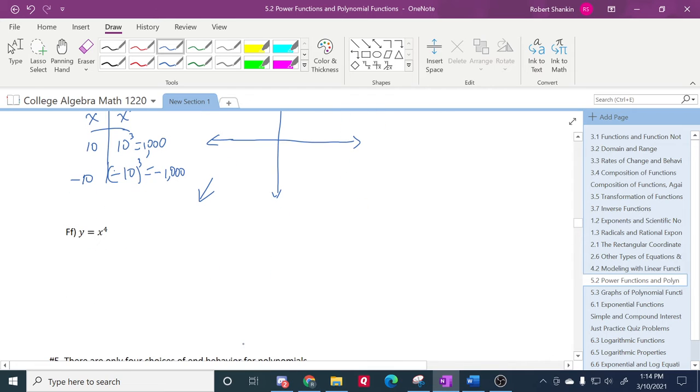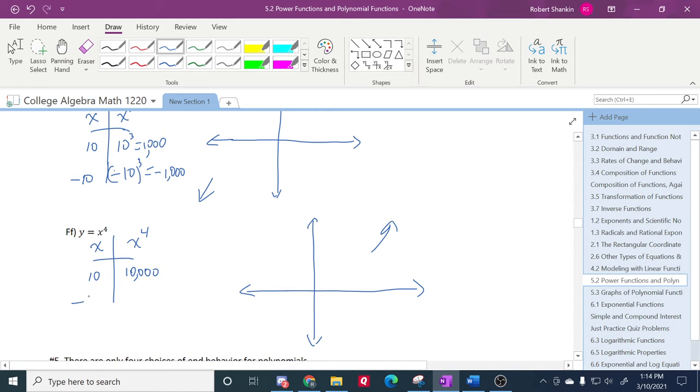And when we go to y equals x to the 4th, the end behavior, if you were taking 10, you'd get 1 with 4 zeros. It's clearly going up.